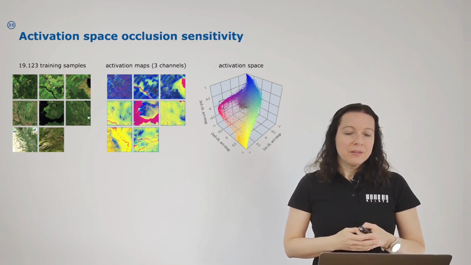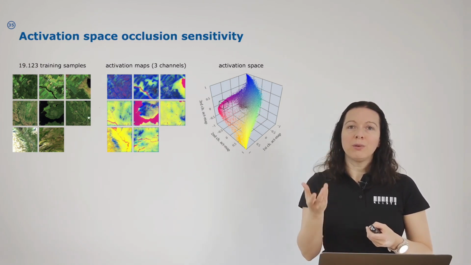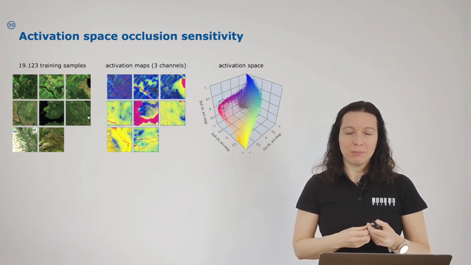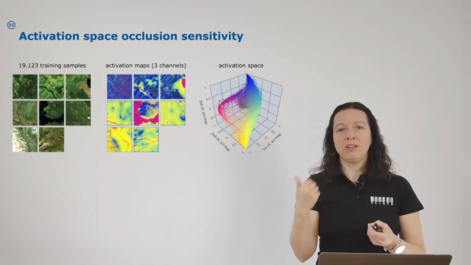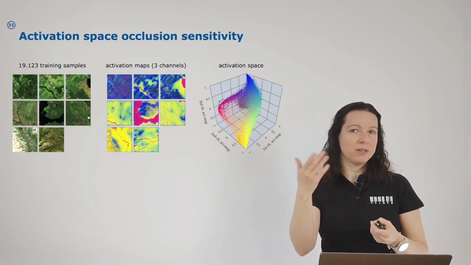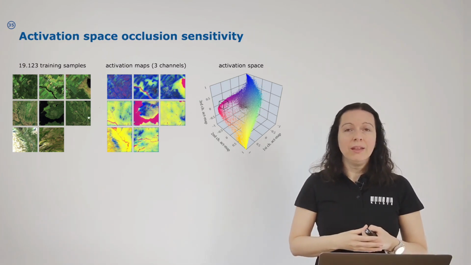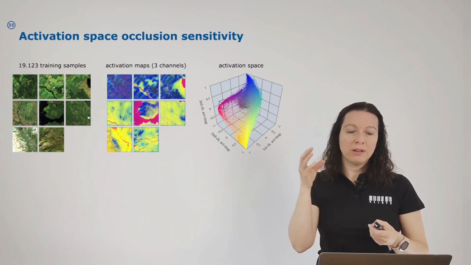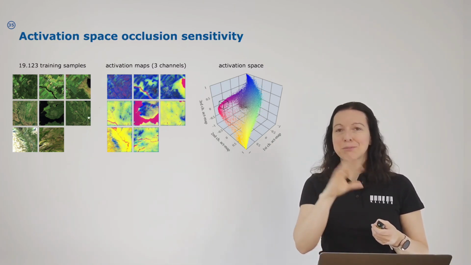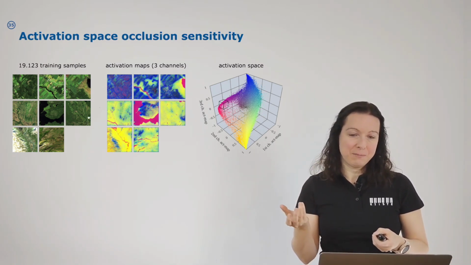Okay, so what we did then is remember what I told you about occlusion sensitivity maps, where you cover up something in the input image, and then you see how much the output changes when this part is covered up in comparison to the original image. We use this procedure now, but in the activation space.